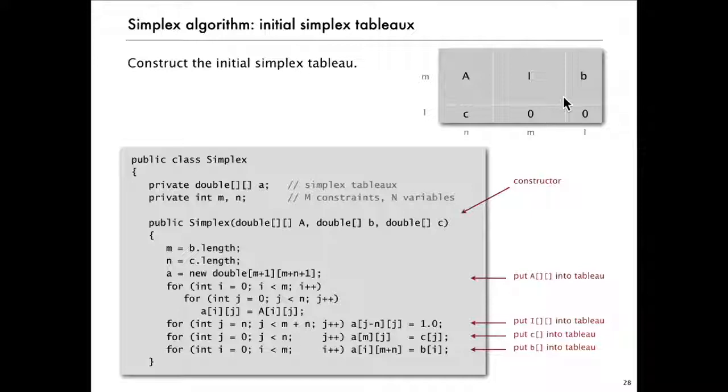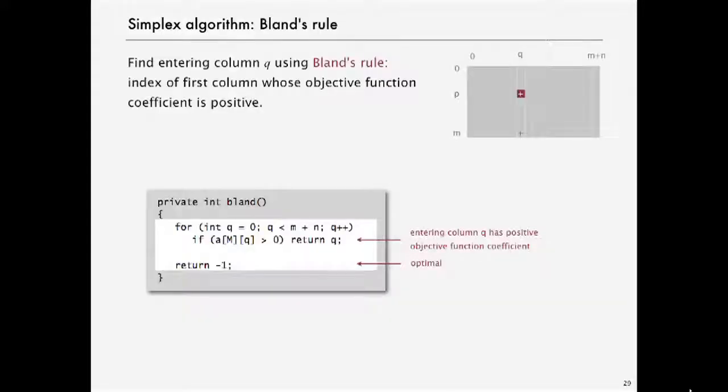Java arrays are initialized to 0, so we don't have to initialize all the others. And then you put the objective function and the right-hand side of the constraint equations into the tableau. Simple as that. So every one of those lines of code is completely transparent. So that's building the initial values of the tableau.